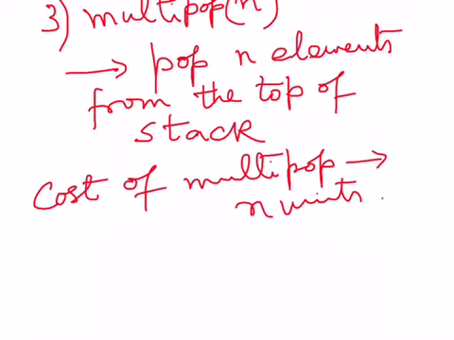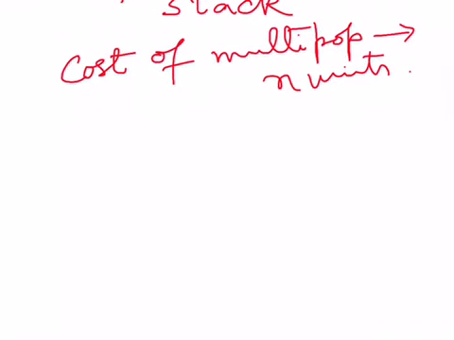Which is not really very good, because consider this scenario. Suppose someone has given you a contract to write code for a stack, and that client wants you to implement three methods: push, pop, multipop, and also the client wants these methods to be as efficient as possible.